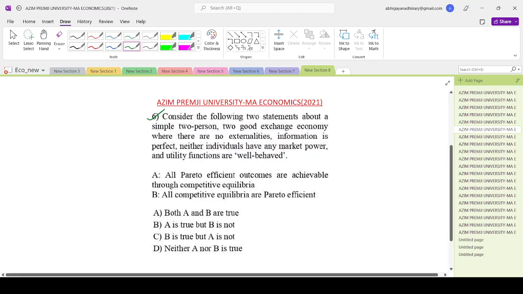The first statement is all Pareto efficient outcomes are achievable through a competitive equilibrium. This is true by the second welfare theorem. And the second statement is all competitive equilibria are Pareto efficient. This is also true. This is the first welfare theorem. So you can understand the straightforward answer to this one is option A, where it states both statement A and statement B are true.